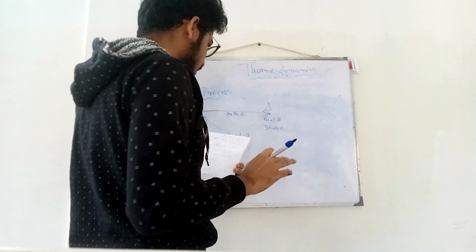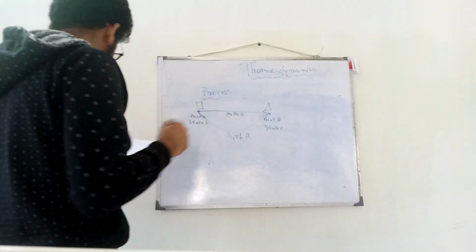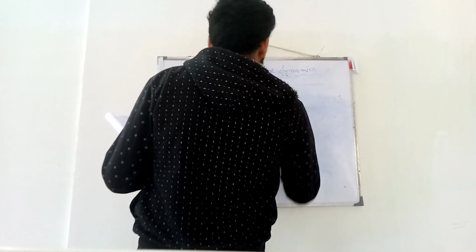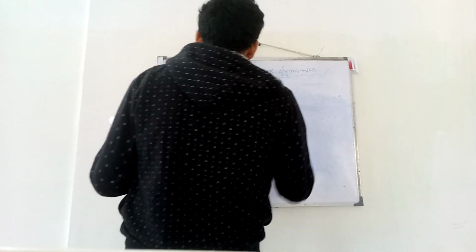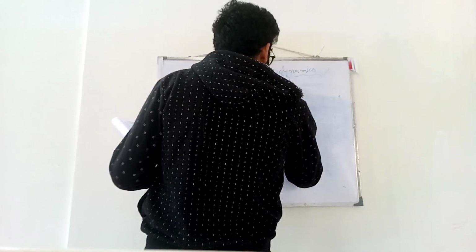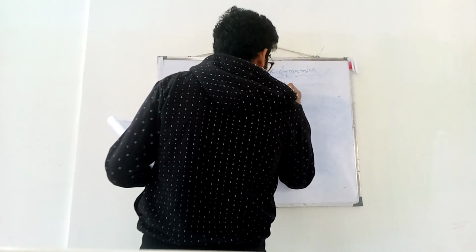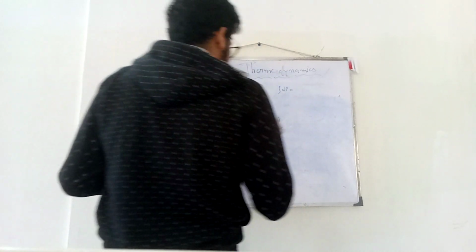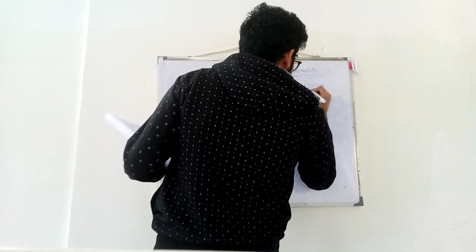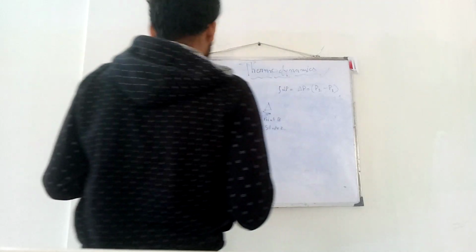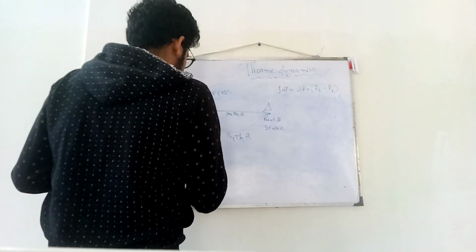So the equation that denotes this change is the integral of dp, which is delta p is equal to p2 minus p1, with point 1 and point 2.